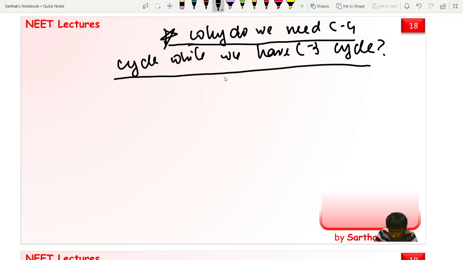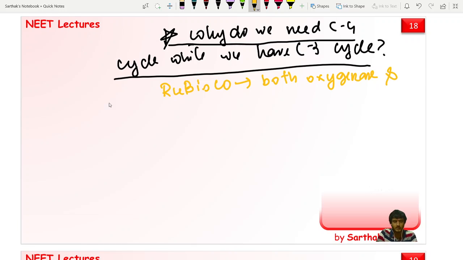If you remember, the primary carbon fixation enzyme in the Calvin cycle was Rubisco. And this Rubisco has both oxygenase and carboxylase activity.